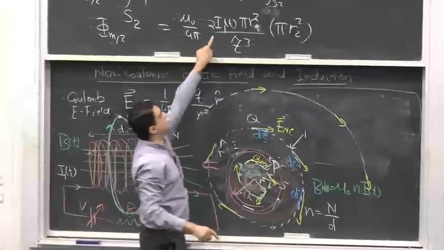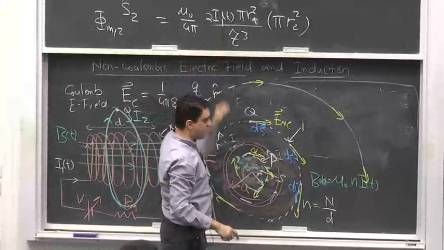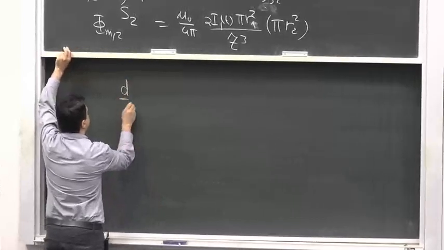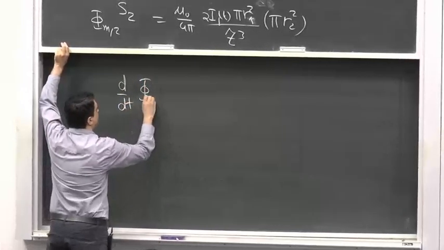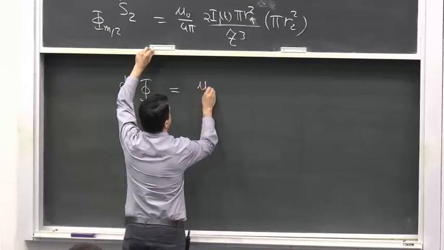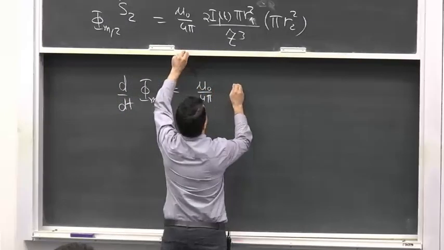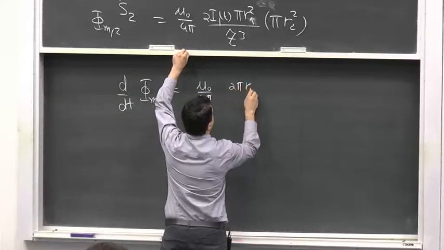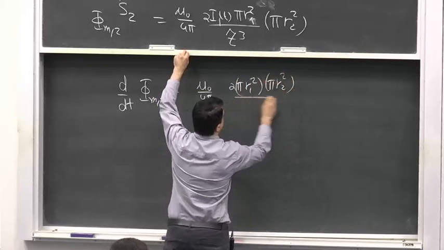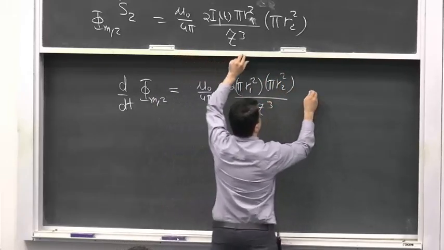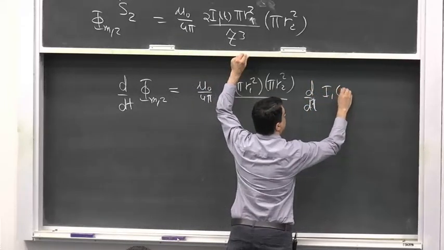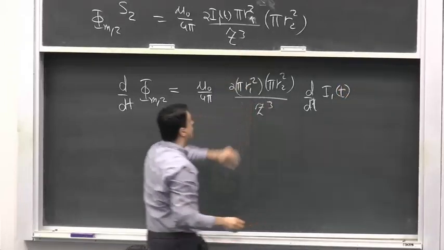But because your current through the first coil has a time dependence, then you can find the time dependence of the total magnetic flux through the second coil, and that will be equal to mu naught by 4 pi 2 pi R1 squared pi R2 squared divided by Z cube into d by dt of I1 of t.